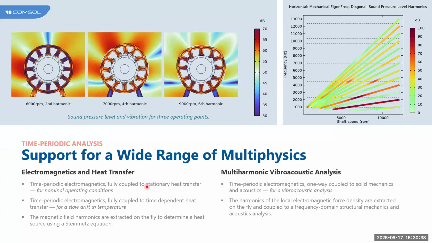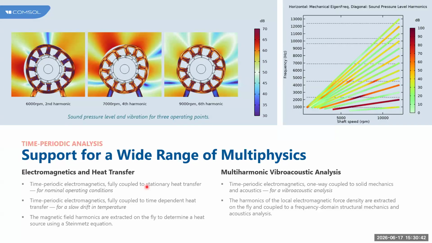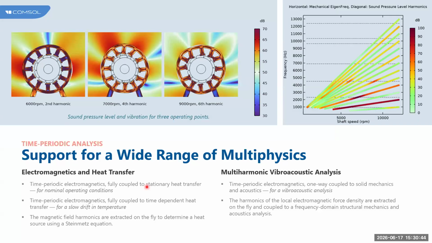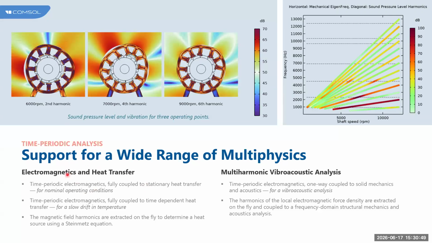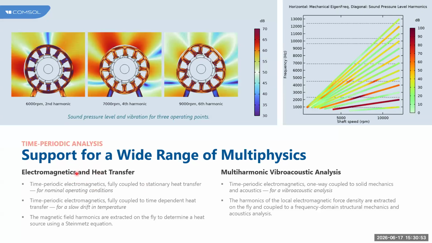The magnetic field harmonics are extracted and fed directly to your Steinmetz heat source, so no separate post-processing is required when solving a coupled multiphysics problem for rotating machinery along with heat transfer.